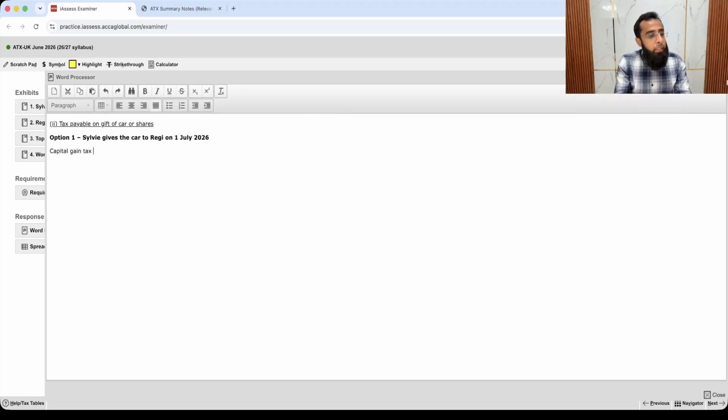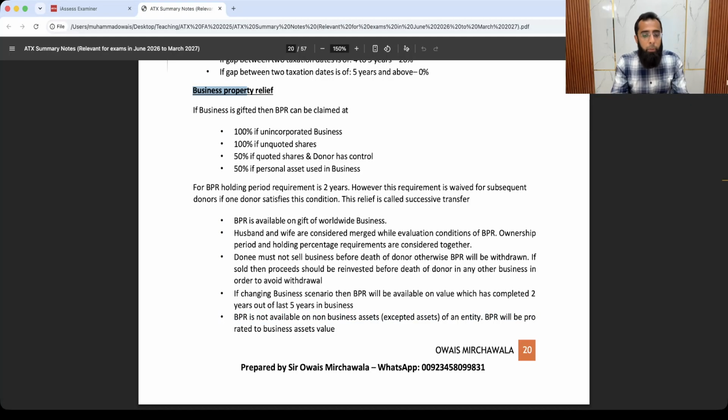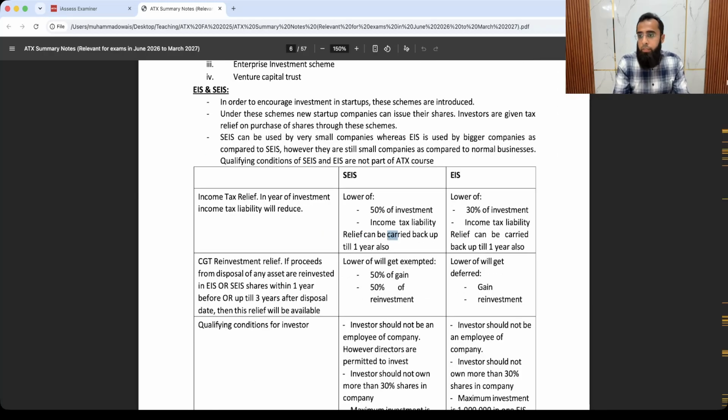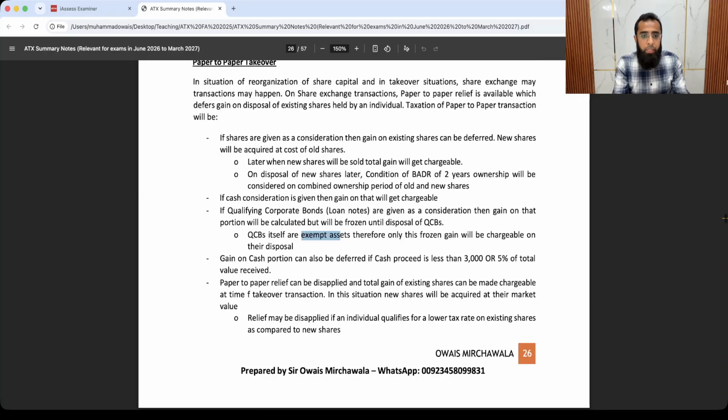Capital gains tax implication. On gift of car, there will be no CGT implication, as motor vehicles are exempt from CGT. Done. If you remember the exempt assets of CGT, if I write motor vehicle or car in the search, you will find exempt assets.